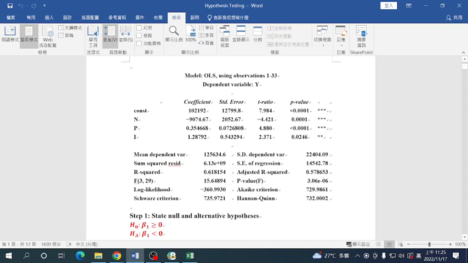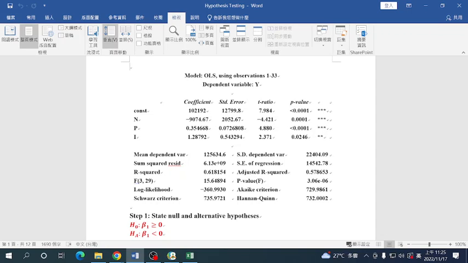If I want to do the whole model's test, this is in our book, 5.6. We call it the F test. Okay, and step one, null and alternative hypothesis.